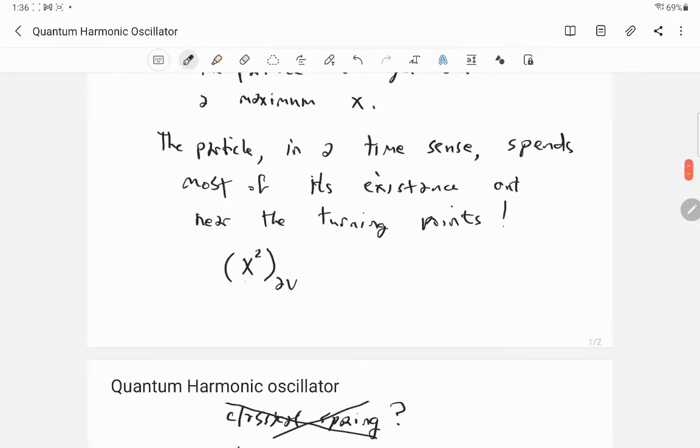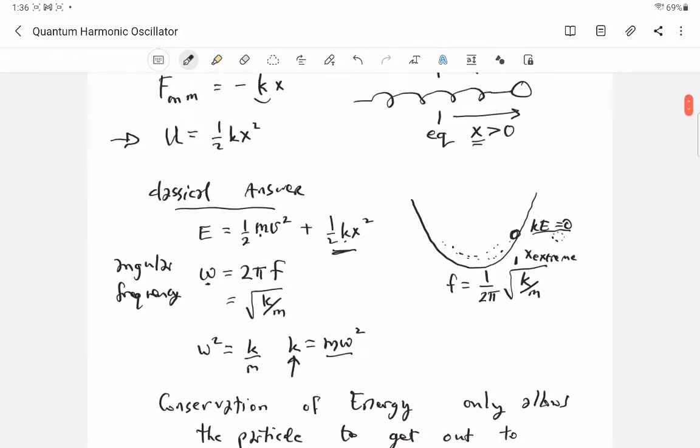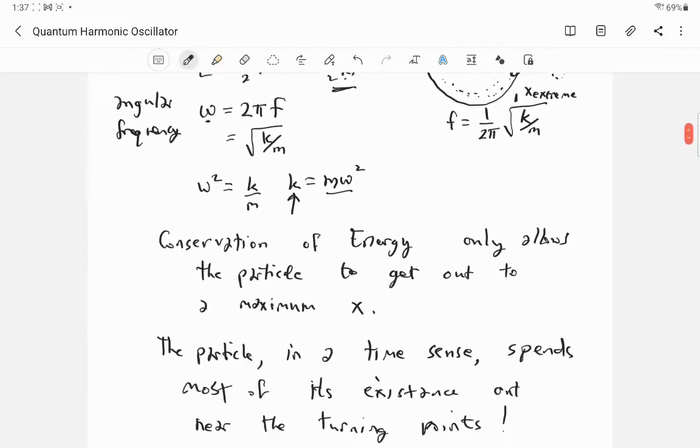So let's get rid of the positive or negative issue by squaring. If I understand the average value of the square of the position, it's close to the turning point's position squared. It'll be just inside. It won't be at the turning points, but it's over on the right-hand side. All right, cool. So this is a fun thing to imagine or try to remember.